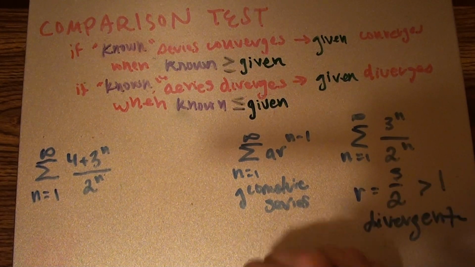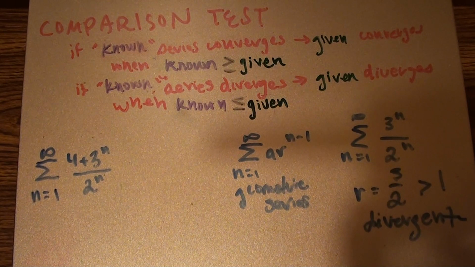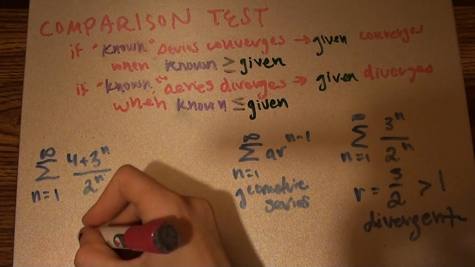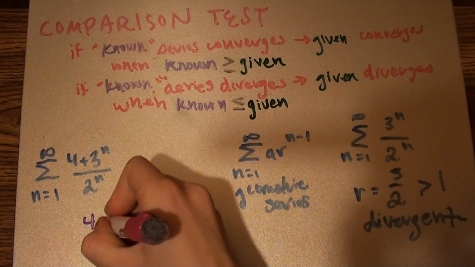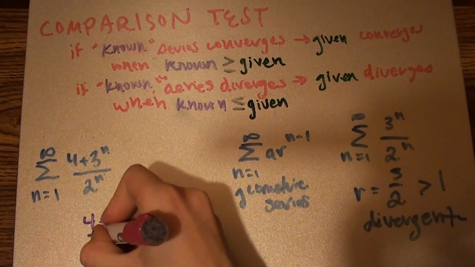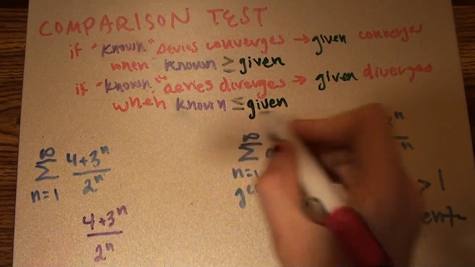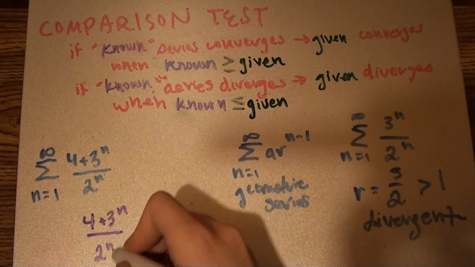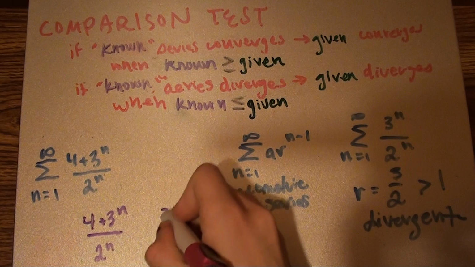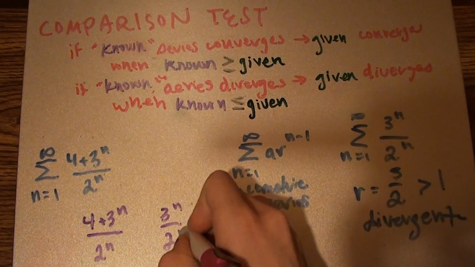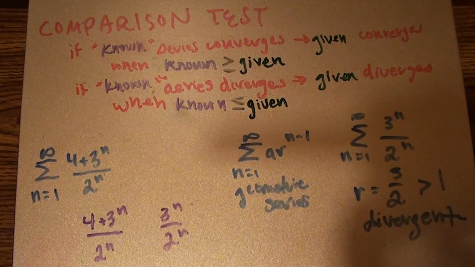Now we have to establish our comparison and determine how that affects our given series. We're going to be comparing 4 plus 3 to the n over 2 to the n with our 3 to the n over 2 to the n from the new geometric series that we made for ourselves.